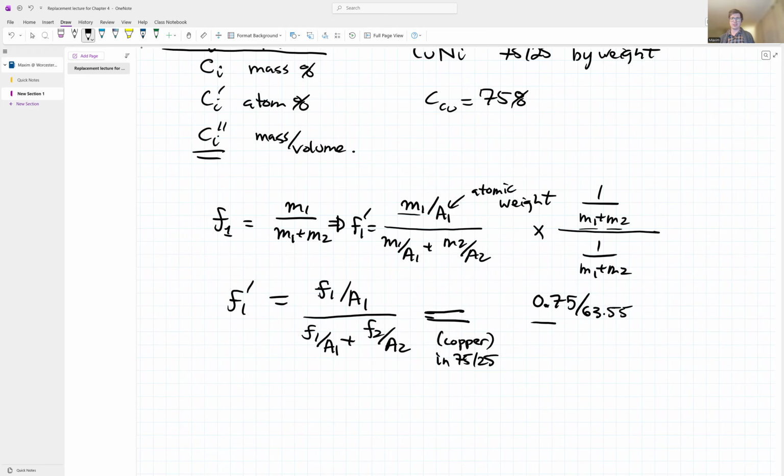The units all cancel because we have a fraction. You basically get a 1 over AMU upstairs and a 1 over AMU downstairs, so you don't have to worry about that. So this is the atomic weight of copper. And then the other one is 0.25 of nickel, and nickel has an atomic weight of 58.69.